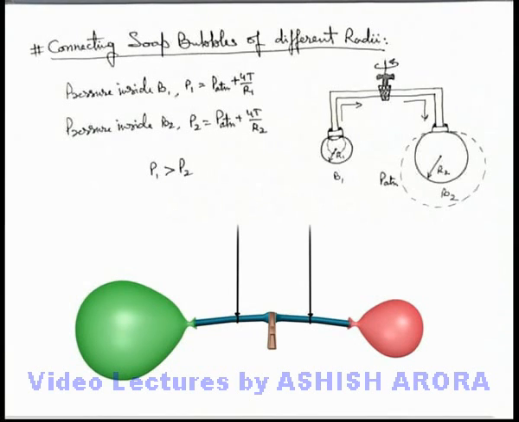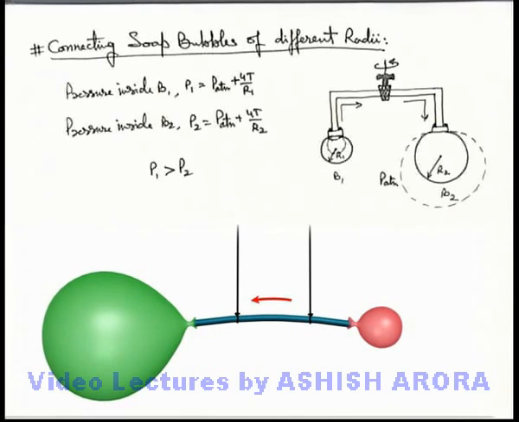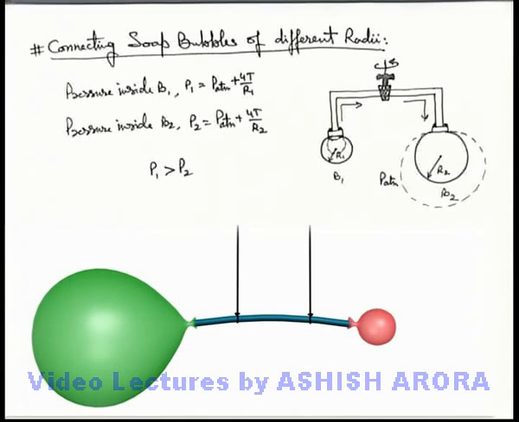But just see what will happen if we remove the clip. As soon as you remove it, the air of the right side balloon will start flowing into the left side balloon, because on the right side the radius of curvature is small.